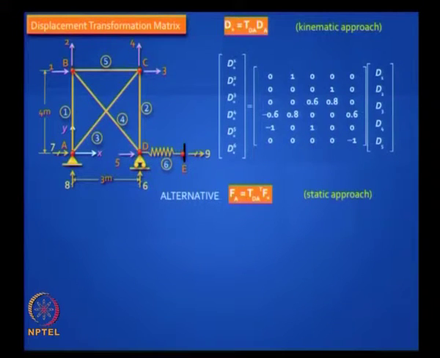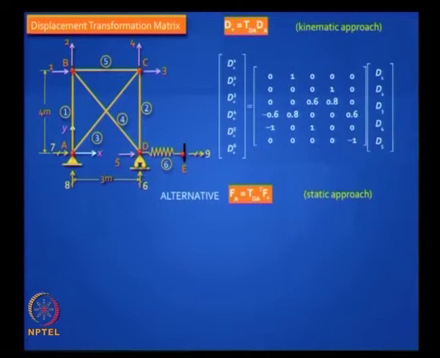What would that be? You can use a static approach. How do you do that? TD transpose. So you are actually invoking the contragradient principle. Is it easier to derive the TDA transpose matrix than the TDA?